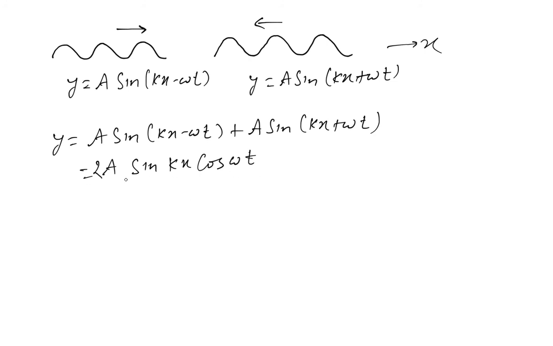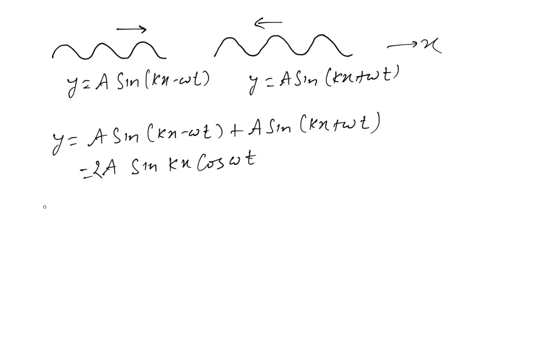Now what is special about this? You see that this equation is not showing the equation of a traveling wave. This wave is standing at one point. For a certain x, the wave is breathing, changing its amplitude with time.